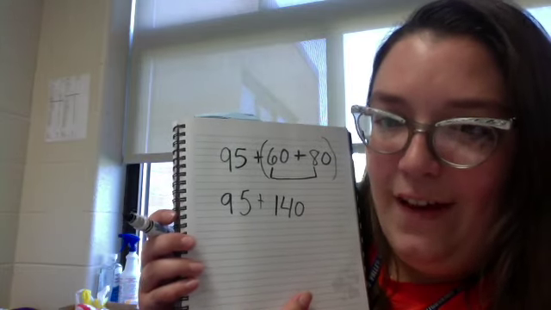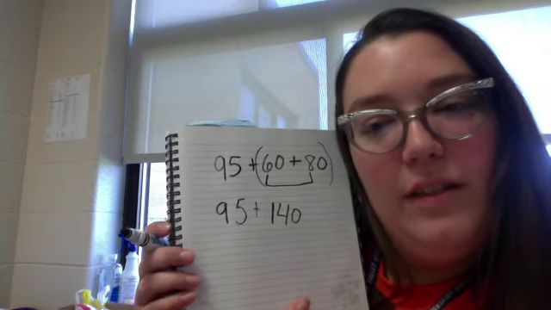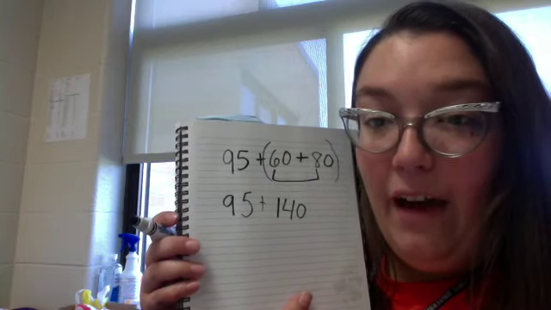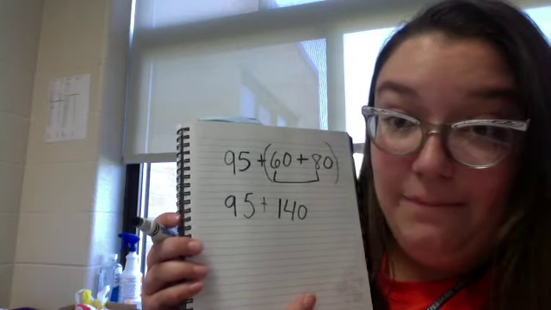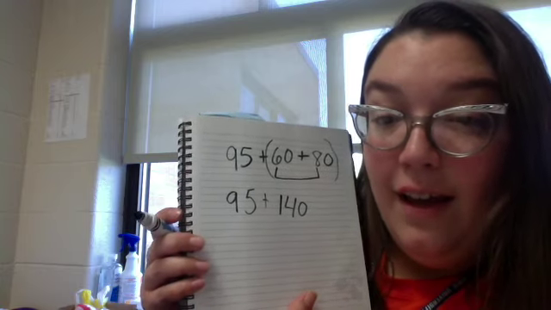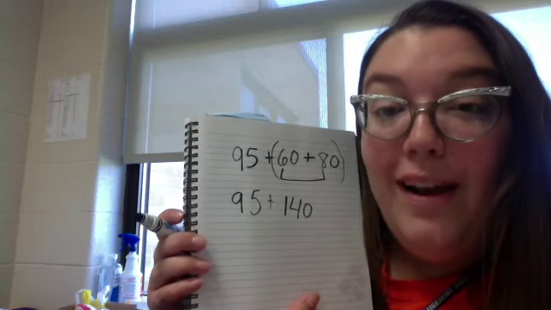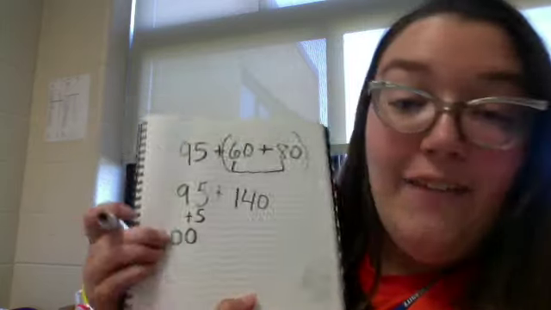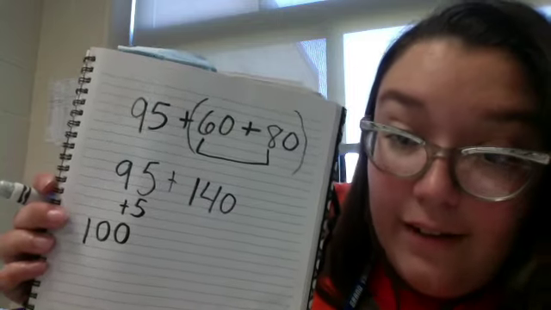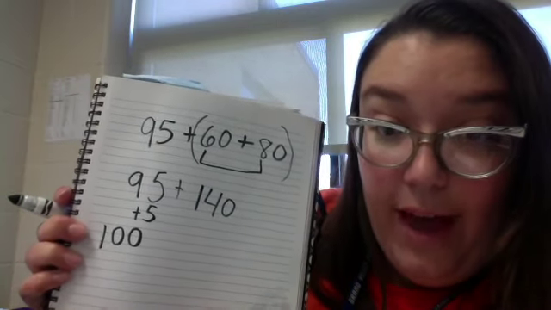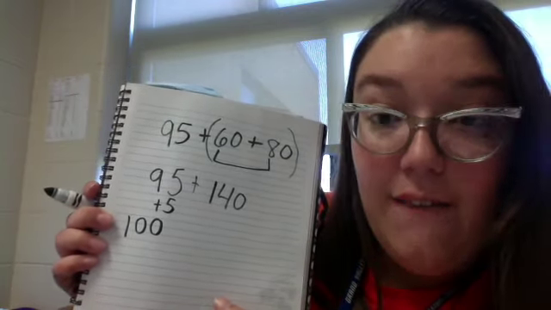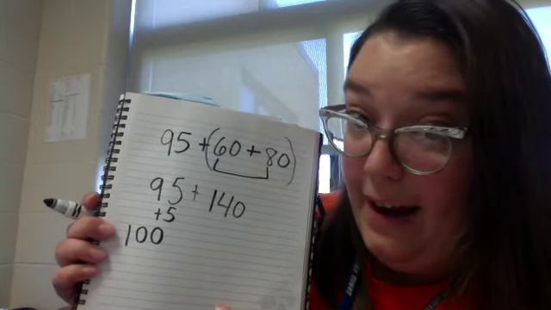Well, 95 is really close to a special number that we work with a lot in 3rd grade. And if I round it up to 100, that's really close to 95. So I'm going to turn the 95 into 100. So by doing that, I have to add 5 to 95 to get to 100, okay? And I'll tell you what to do with that 5 in a minute because we can't keep that extra 5.